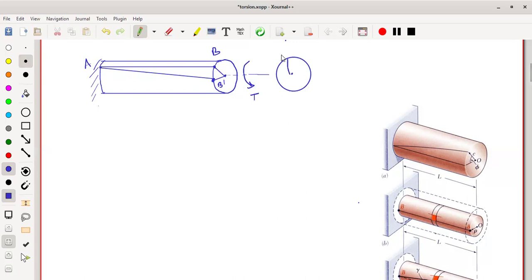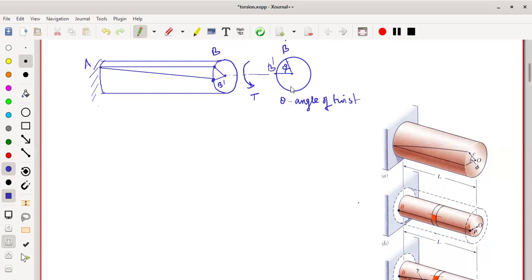I would like to represent the same thing here. The inclination is called theta. This theta is the angle of twist, and it is always in radians.